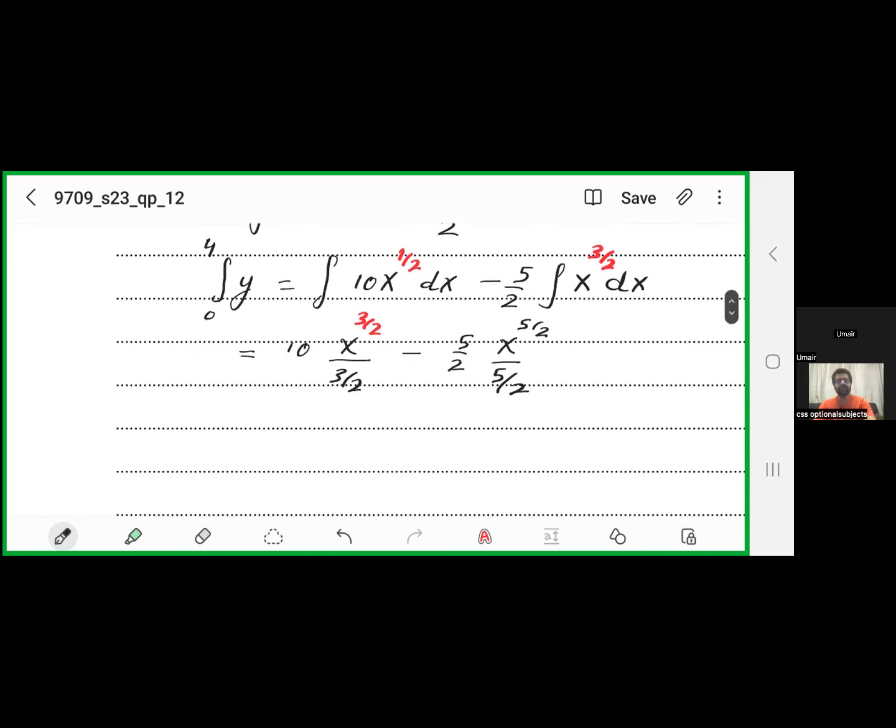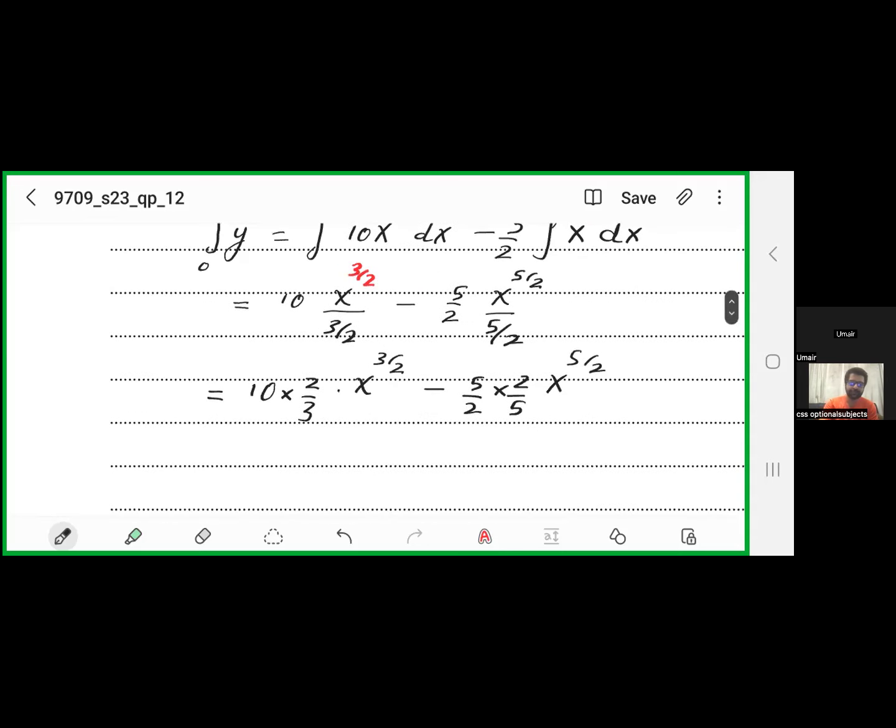So you are integrating this from 0 to 4. Now you will get 10 into 2 by 3 x power 3 by 2 minus 5 by 2 into 2 by 5 x power 5 by 2.